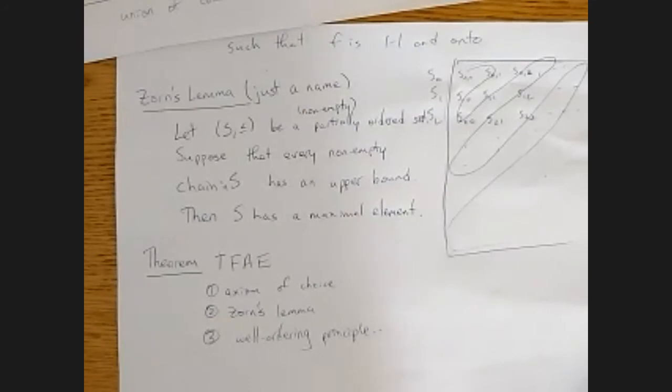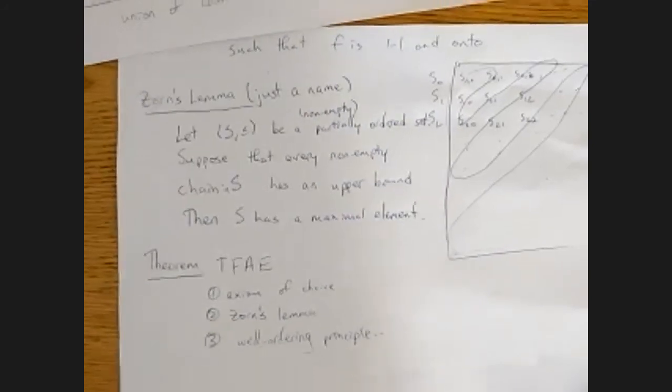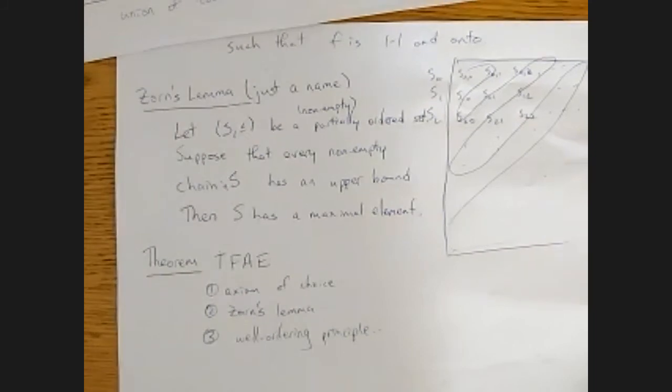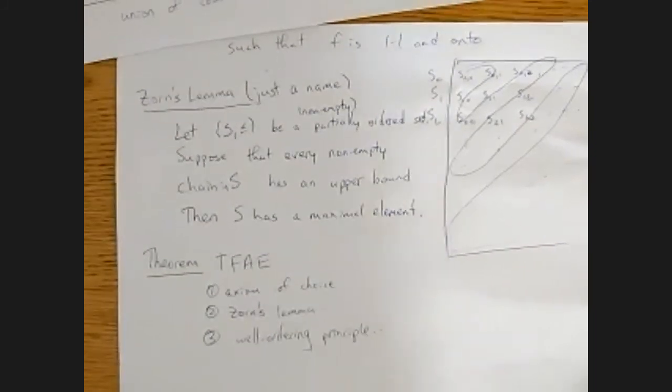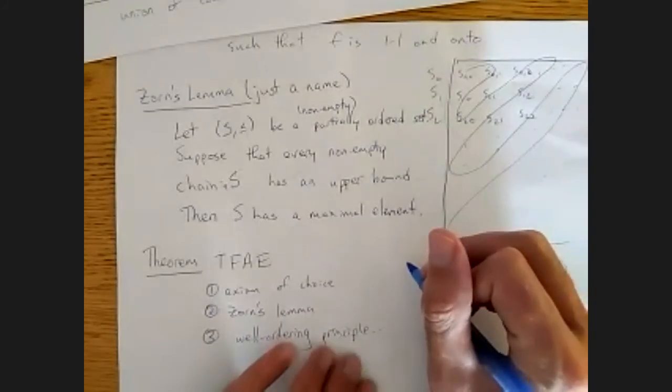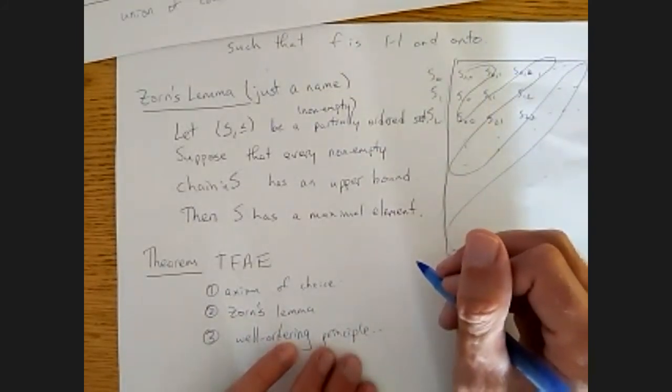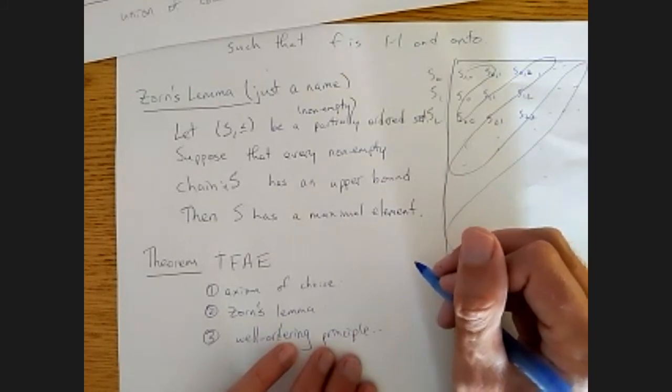It's just because it happens to be more convenient for certain algebra theorems you want to prove. Because having a maximal element is a very algebraic thing, I guess. Okay. So I guess on Wednesday, we'll start off with a couple examples of that.